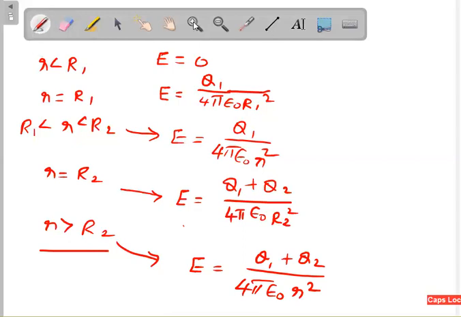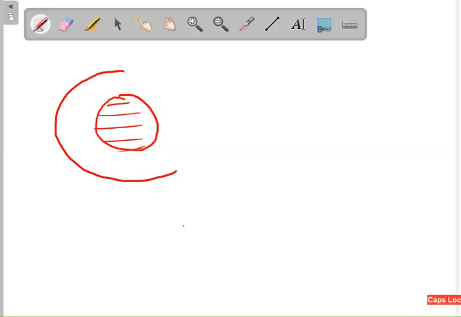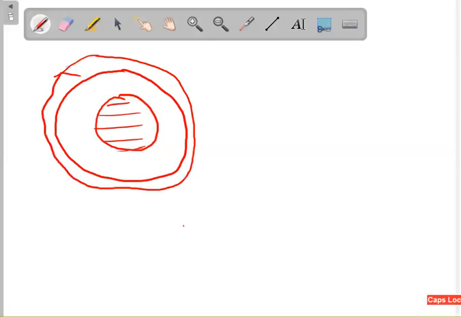Anyway, you may not be doing the assignment, but I'm giving it. Take a solid cylinder like this, and then another solid cylinder, again concentric, but solid. Now, what is the electric field nature up to this point?